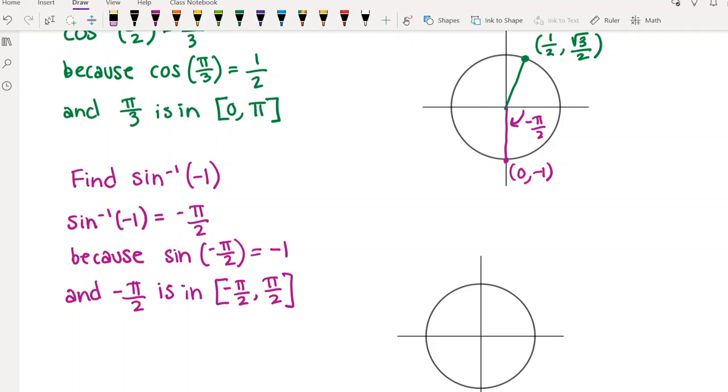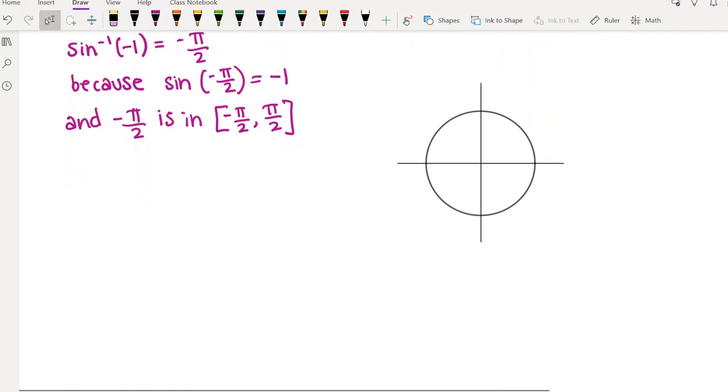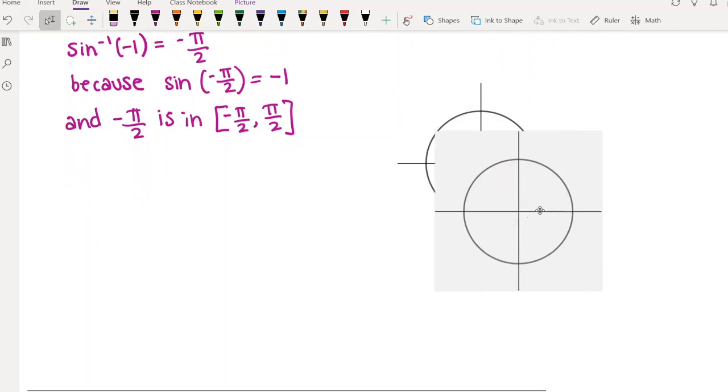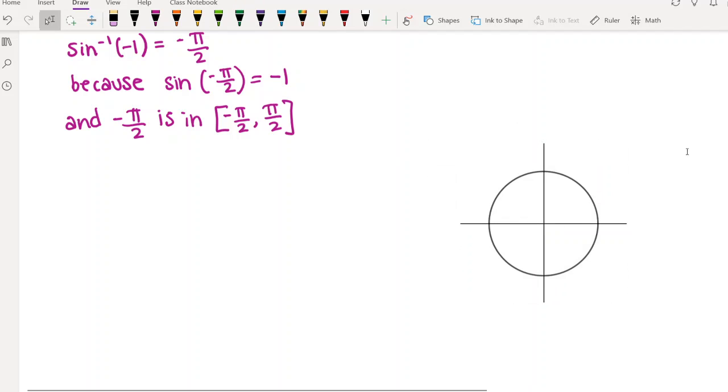Okay, so I want to now look at a couple of examples that are a little bit different, but also kind of the same. So let's say that we wanted to now find inverse cosine of -1/4.